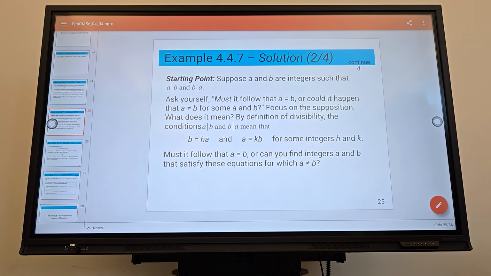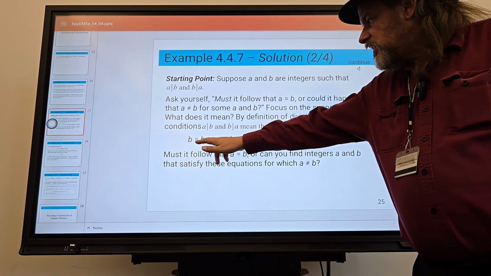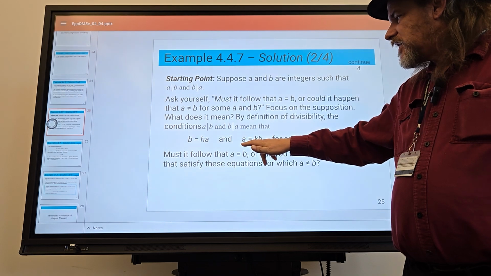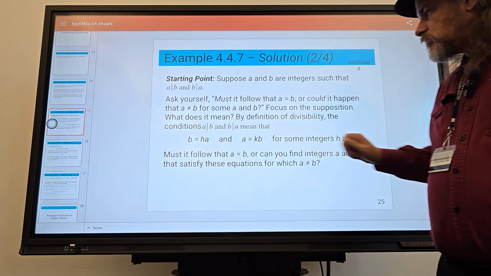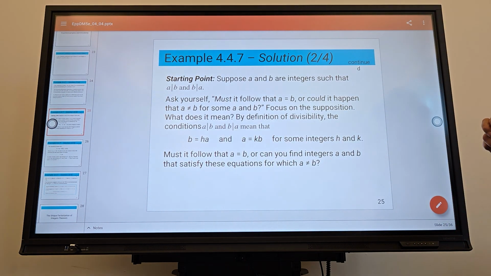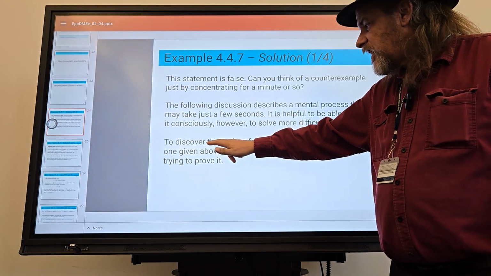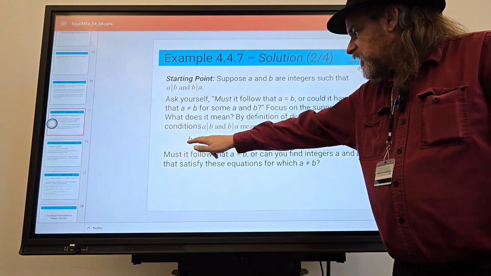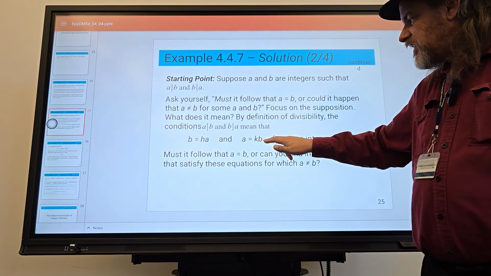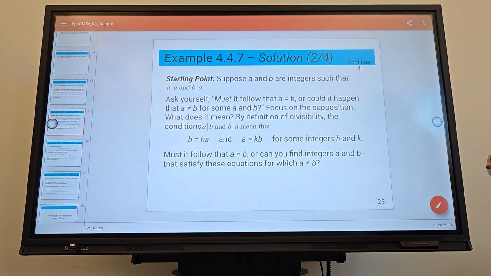What does it mean? It means that b equals ha and a equals kb. Some integer times a equals b, and some integer times b equals a, for some integers h and k.